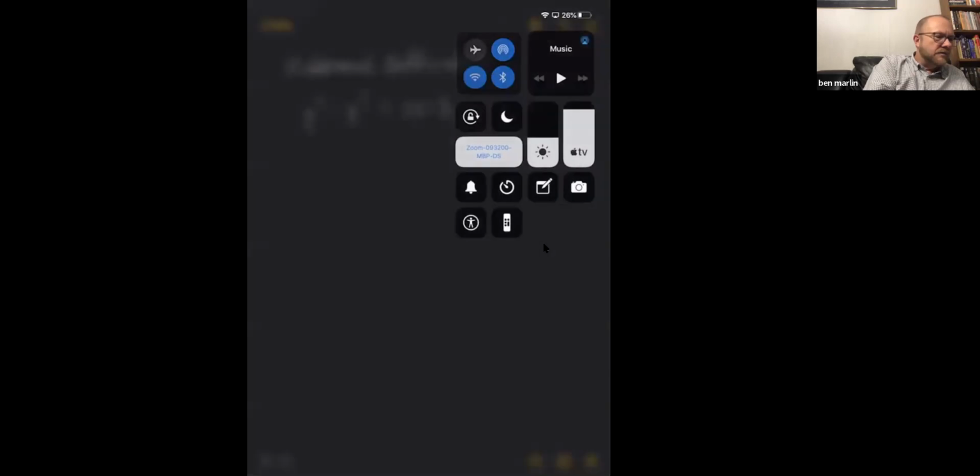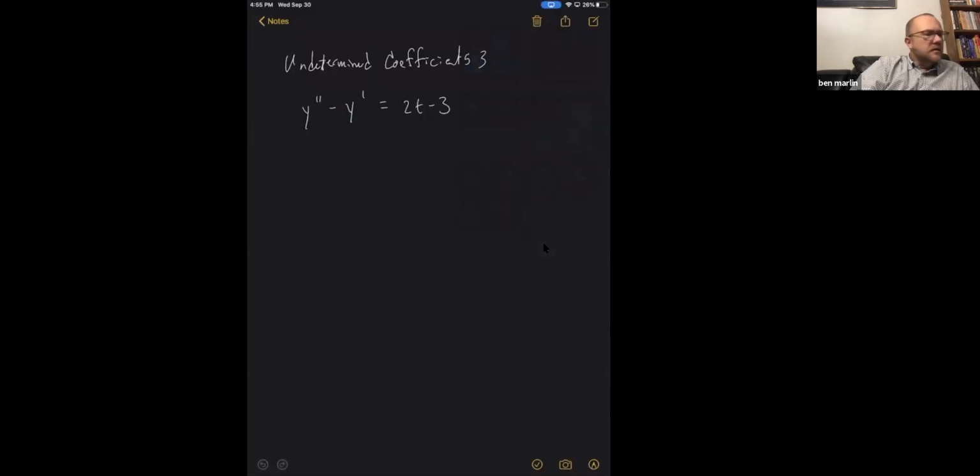So for examples of these that have the shared roots, let's try to look at one that's not too cumbersome, but that gets the idea of what kinds of stuff we have to do, right? So we've got y double prime minus y prime equals 2t minus 3. So if you are doing the homogeneous part of it, then you'd be thinking about this here.